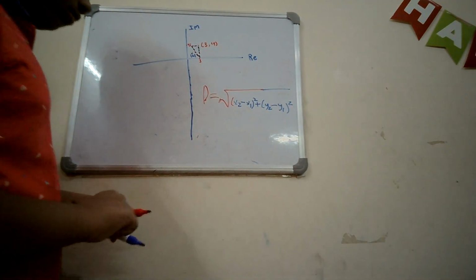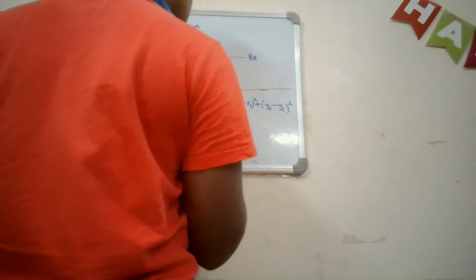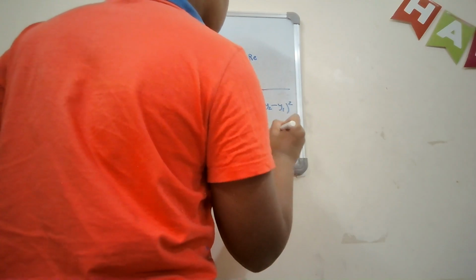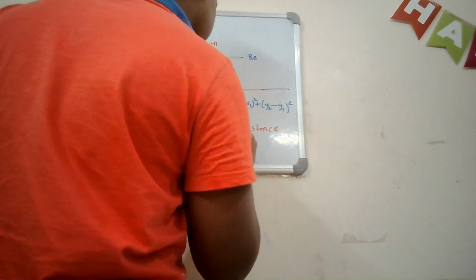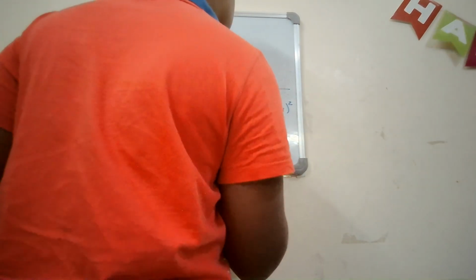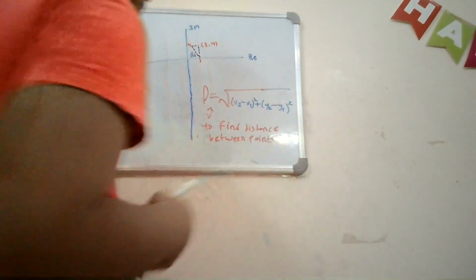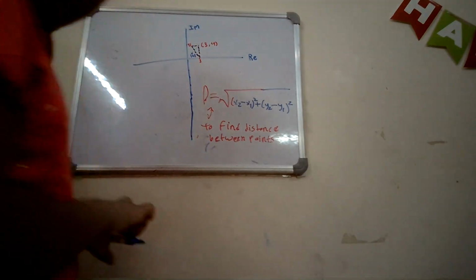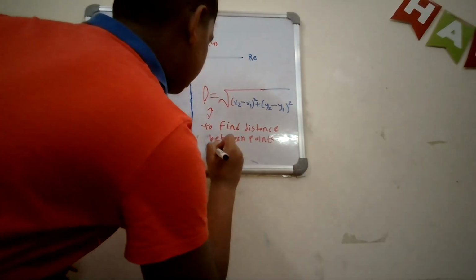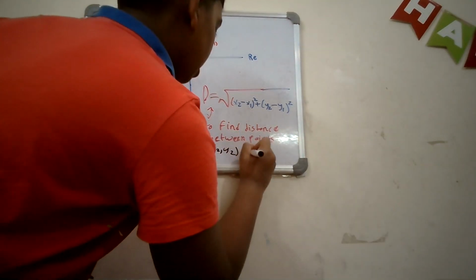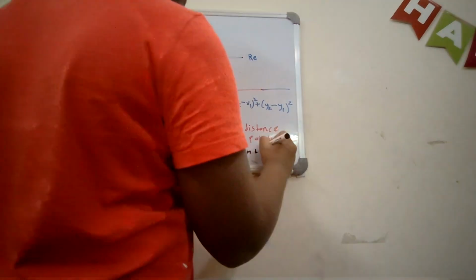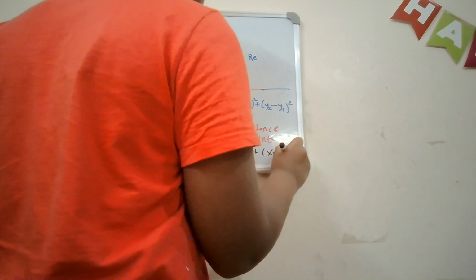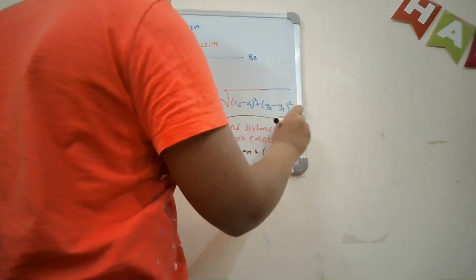And this formula is to find the distance between points, between the points x2, y2, and x1, y1. So this is the formula which is often familiar to us.